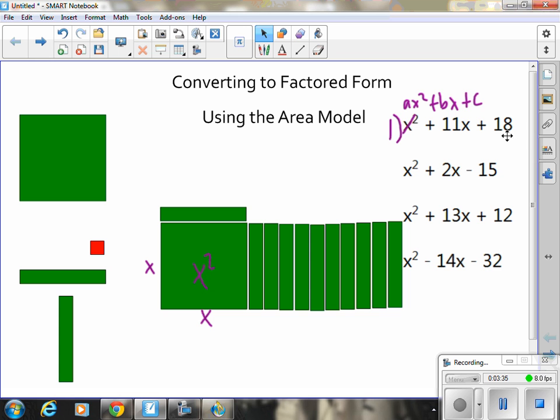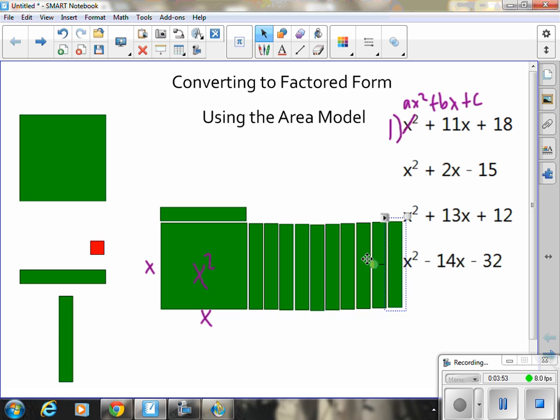Is that going to result in 18 ones? No, that would result in 10 ones. So what's the right arrangement? You've got to figure out the arrangement that would add to give me 11 but multiply to give me that 18.